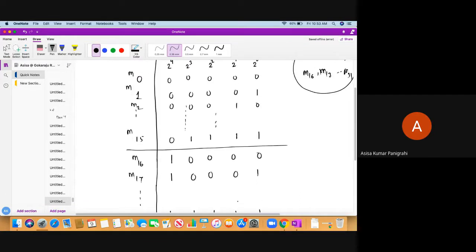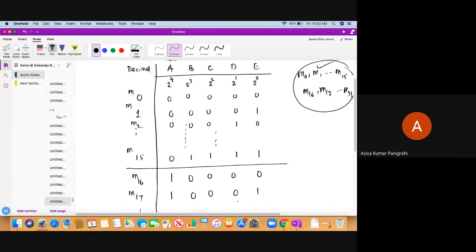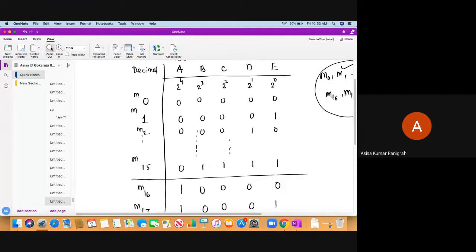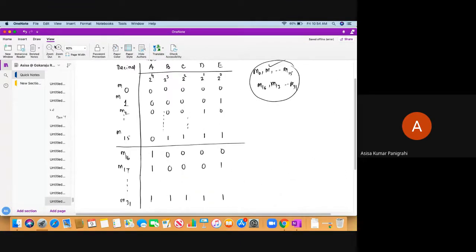Any doubt on this? So see here, what is the main difference you are observing? I'm just zooming out so that you will have a better idea. Now tell me, very important concept I'm telling. After that, easily you can realize. So now see here. This is my MSB bit. Am I correct, students? This is my MSB.